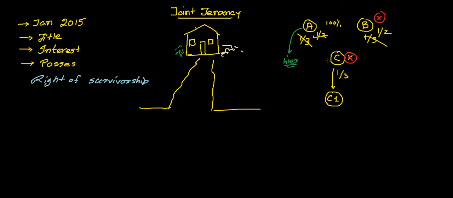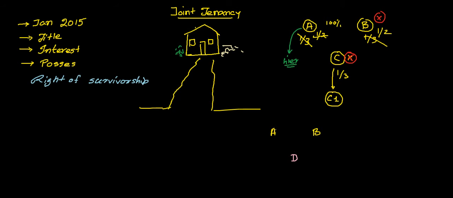If, let's say, C wants to sell the house, it is possible, C has full rights. But what will happen is A and B will still be in this joint tenancy, but D will be coming in as tenancy in common.